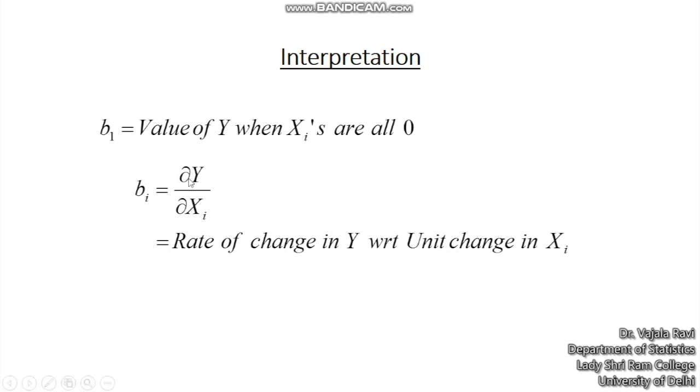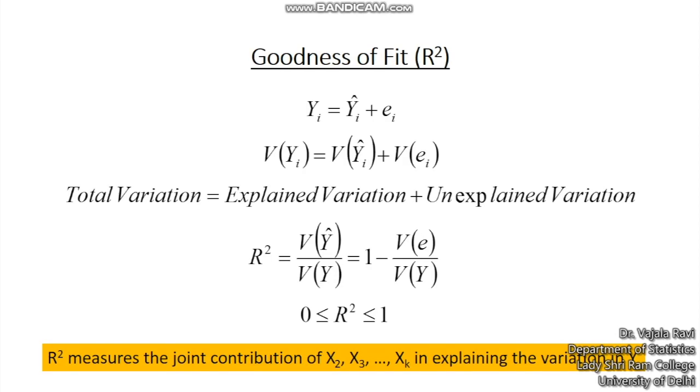So if I am talking about b2, then it is the rate of change in y with respect to change in x2 when all the other variables are held constant. That's the only difference between the interpretation of the slope coefficients now and before. Earlier the partial and complete differentials were one and the same, but now we are speaking about the partial differential. That means we are talking about the marginal contribution, keeping all the other variables constant.